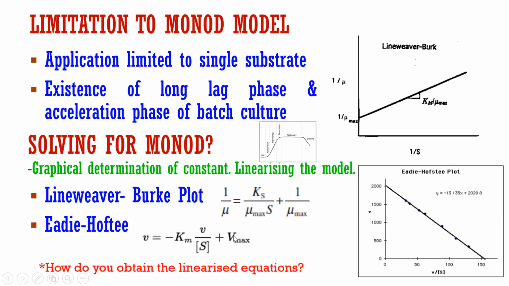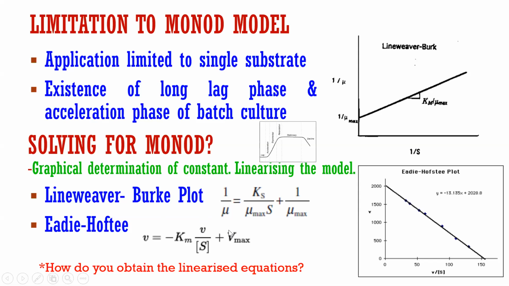And if you want to determine this, you basically need to plot this as y and mu over s as the x axis. Okay. But yeah, the question is, do you think you have to memorize this and this, right? It's actually simple.